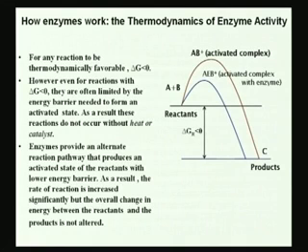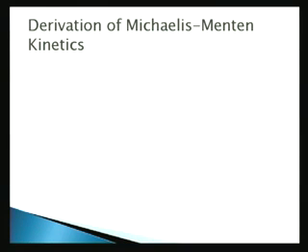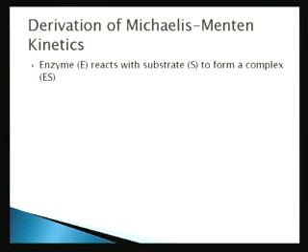This has to be clear. This is the mechanism of the Michaelis-Menten kinetics: the enzyme first reacts with the substrate to form a complex, and then from that complex you get to the product. So now let's get our pen down to the paper and try and write this reaction.